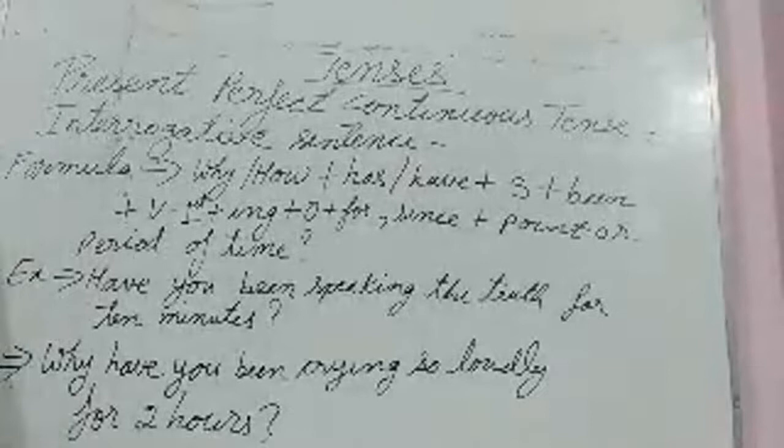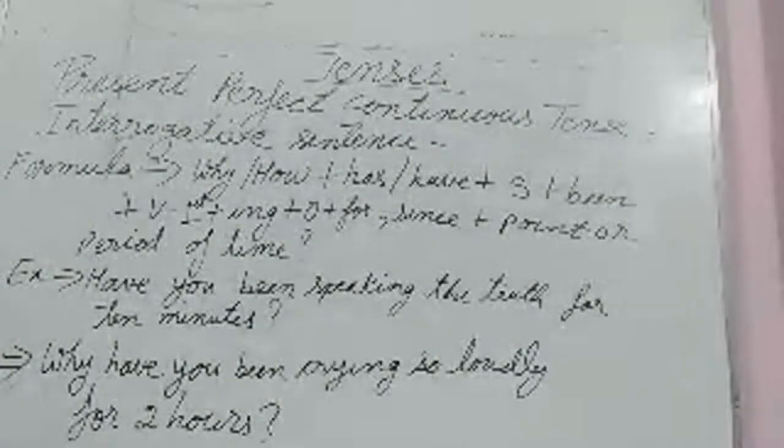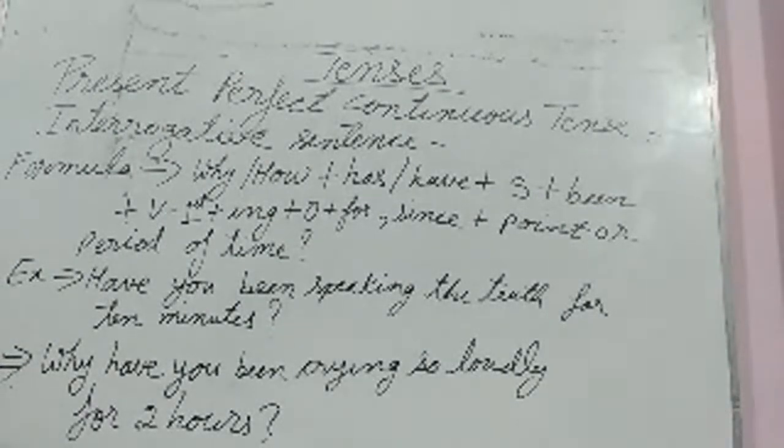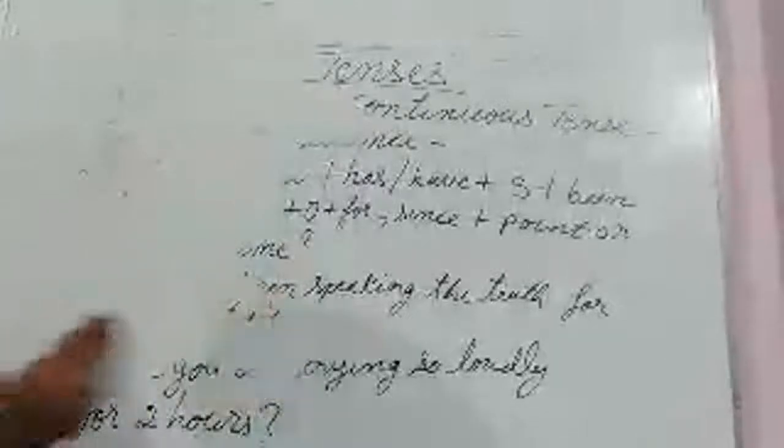So here we are completing our present tense, and now we are going to start with past tense. In past tense also, we are going to see the four categories or the four kinds of tenses as you have seen in the present tense.